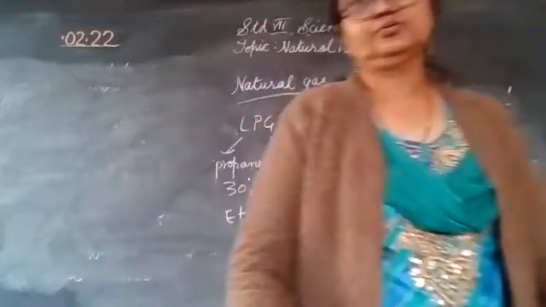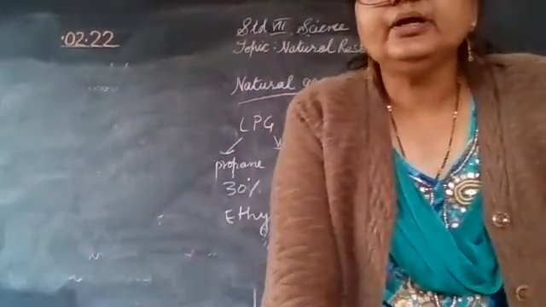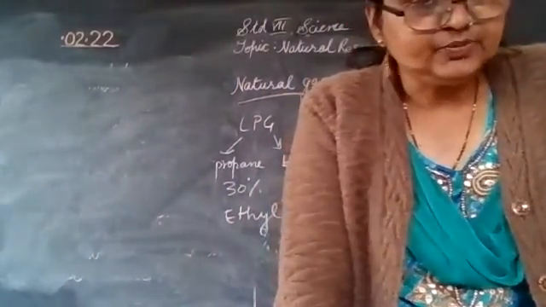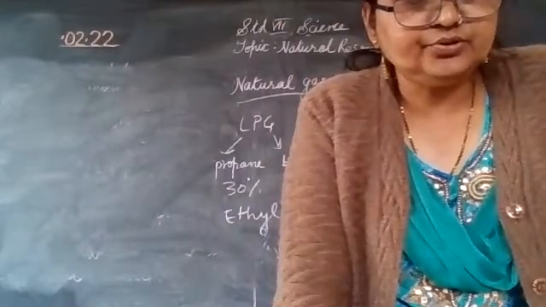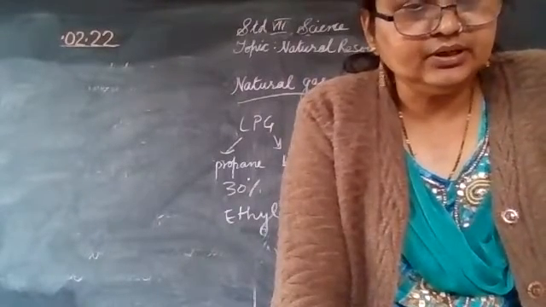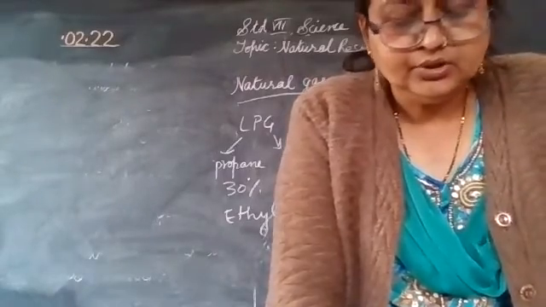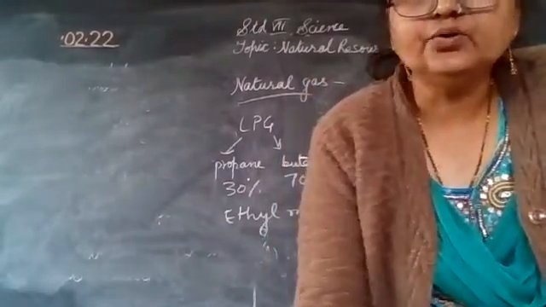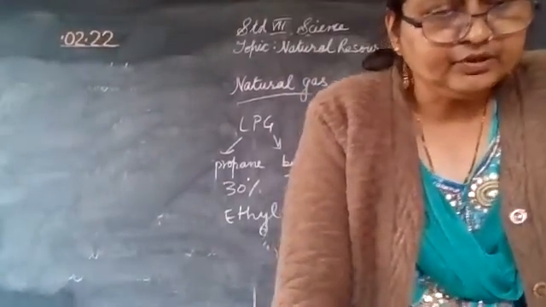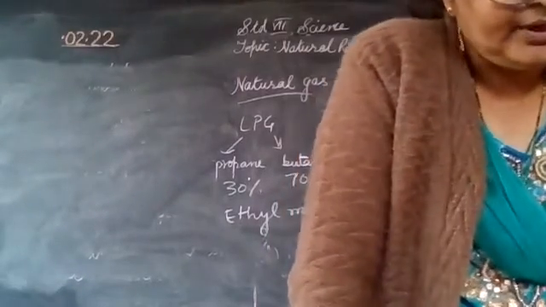This is added so that you can be alerted whenever there is a leakage problem in the gas. So you will be alert that something is wrong in the LPG connection, and you can avoid an accident when you get this particular odor in your nose.